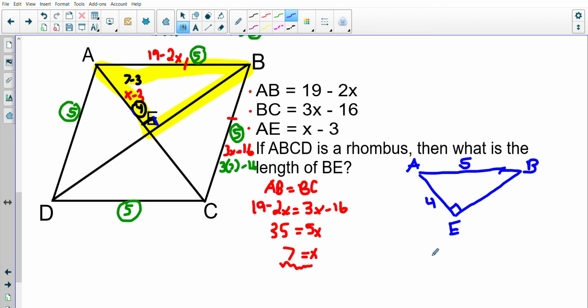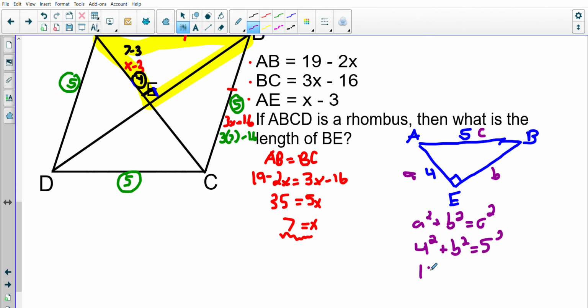So what I can use here is the Pythagorean theorem, or a squared plus b squared equals c squared, right? If this is side length a, lowercase a, and this is b, and the hypotenuse is c. So if a squared plus b squared equals c squared, that means that we have 4 squared plus b squared equals 5 squared.